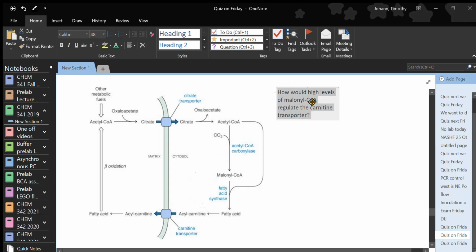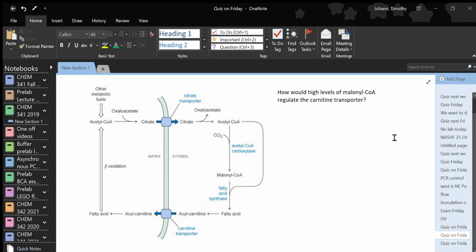All right, so what I want you to think about when you see that is: what is malonyl-CoA for? You got a whole bunch of it. What is it for? Fatty acid synthesis, right? Remember, we're not going to run a futile cycle. We're not going to run fatty acid synthesis and beta oxidation at the same time.